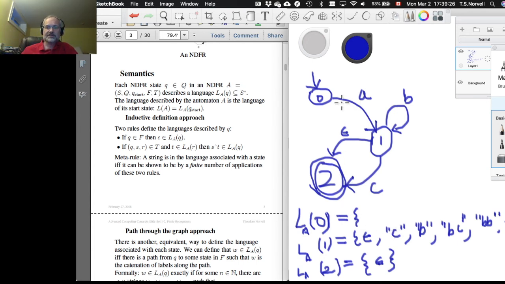And then language of state 0, well, again, I just need to look at the transitions that come out of state 0. And there's this one here. There's only one. And so what this tells me is I can put an A in front of any member of the language of state 1, and I get an item that's in the language of state 0.